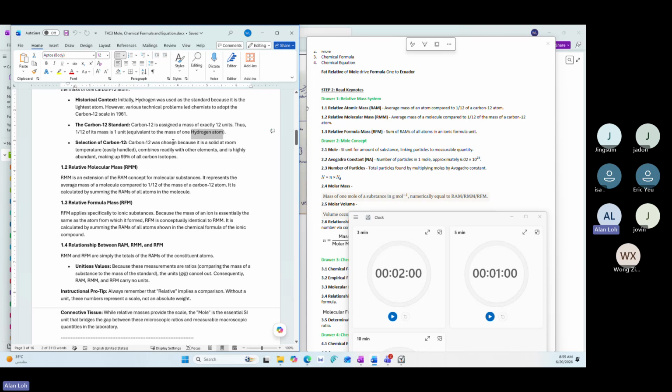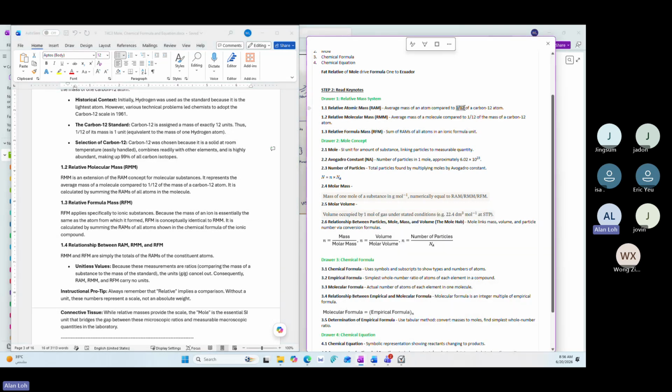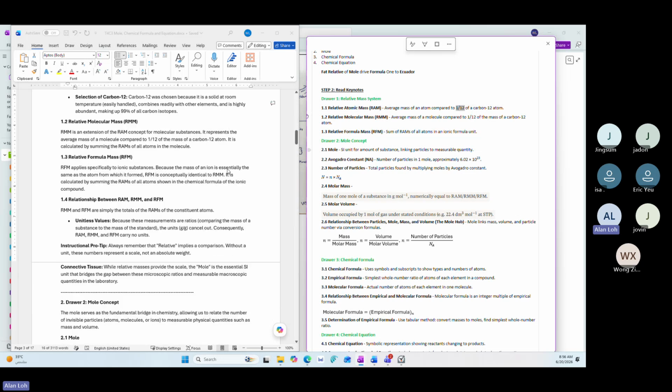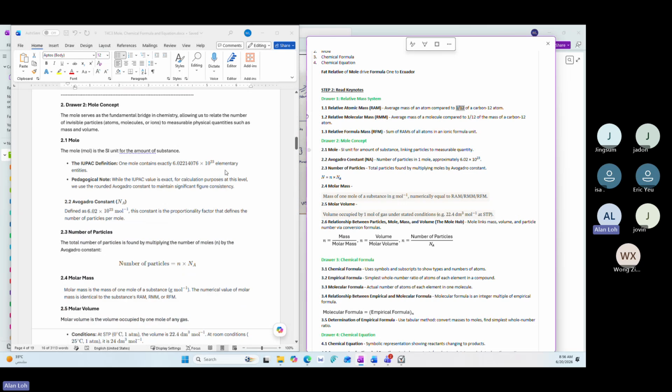Carbon 12 was chosen because it is solid at room temperature, so it is easily handled. So everything from then on is based on carbon 12. That's why you have this 1 divided by 12, because carbon 12 is 12 times heavier than hydrogen atom. That is the main concept to understand this relative mass system.